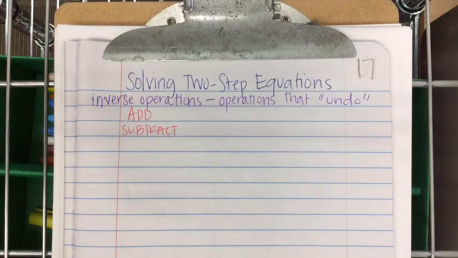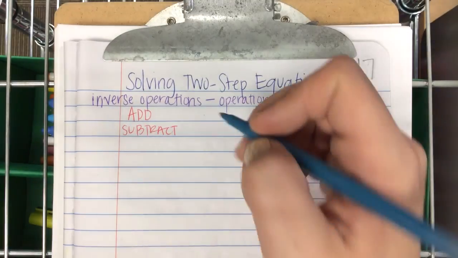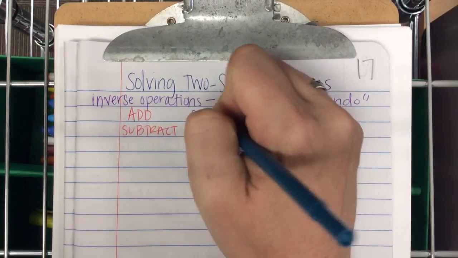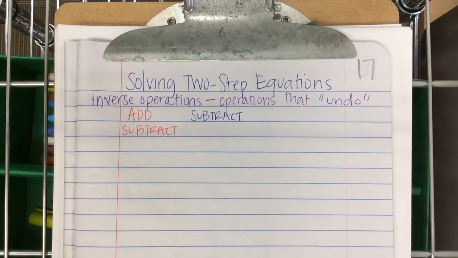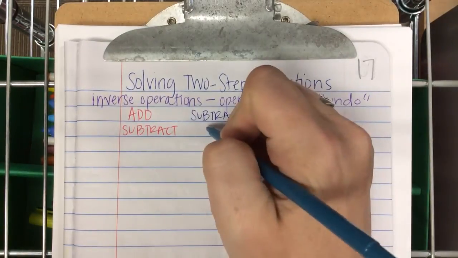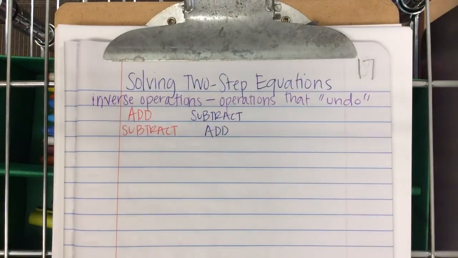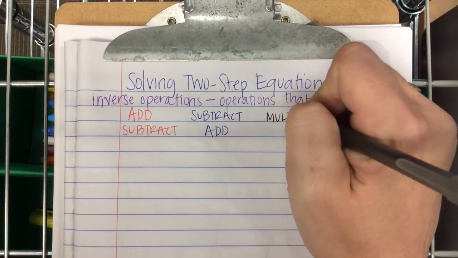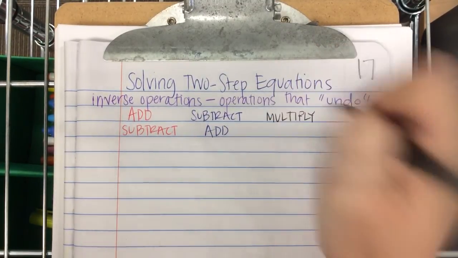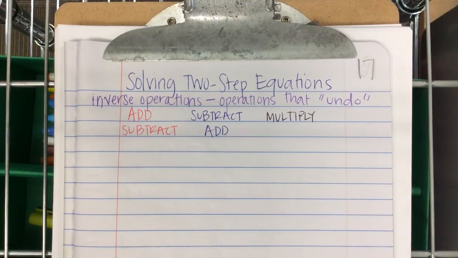If you've got a problem, and in that problem there's subtraction, what are you going to do to undo that subtraction? Add. If you've got a problem, and in that problem it says to multiply, how do you undo that multiply?